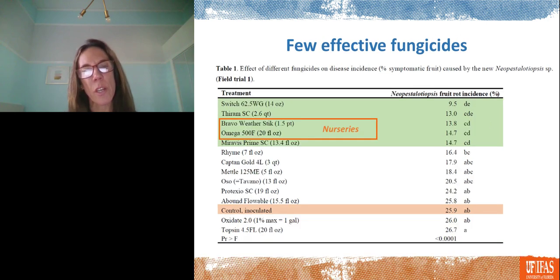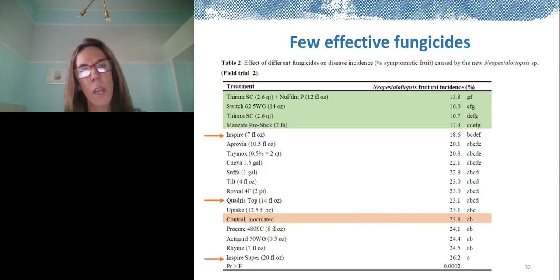I didn't mention on the previous slide that we looked at Bravo and Omega as an option for nurseries, something that maybe the nurseries could use, since those 2 are not registered for fruit growers. But I think we still need to do a lot more to find fungicides that are effective and work against this, but we're running out of options here.